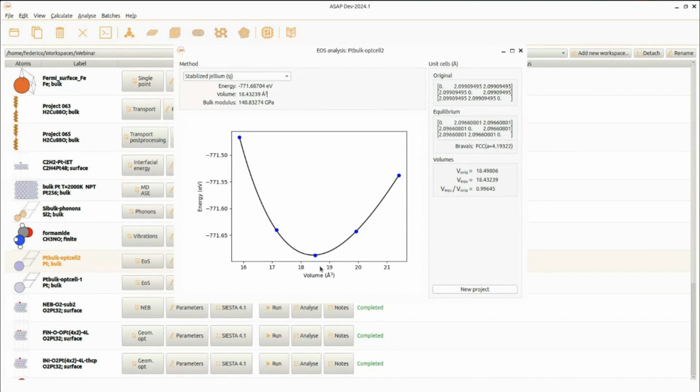And in this case, we are able to find a minimum. And here you have information about the method that has been used for the interpolation, the original as well as the equilibrium cell. And also, as you mentioned before in the presentation, the bulk modulus.